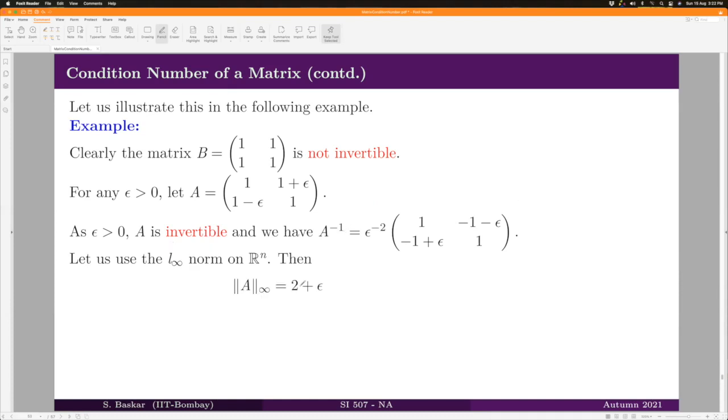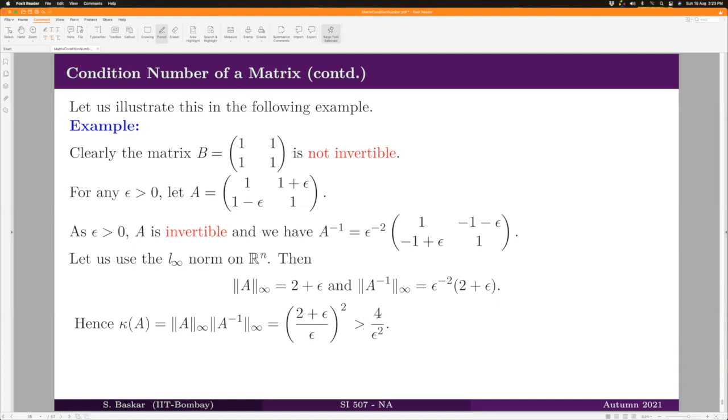When you use that subordinate norm, you can see that norm of A is equal to 2 plus epsilon, and similarly, norm of A inverse is equal to epsilon square into 2 plus epsilon. Therefore, the condition number of the matrix A is, by definition, norm A into norm A inverse. That gives us 2 plus epsilon by epsilon the whole square, which of course is greater than 4 divided by epsilon square.